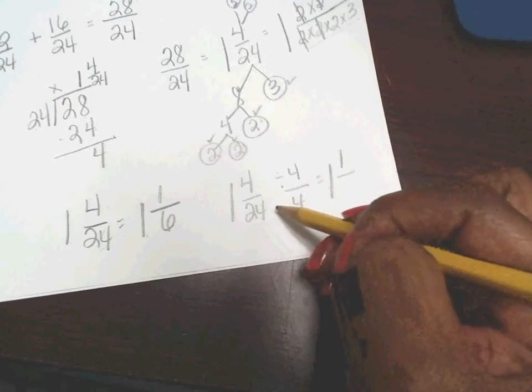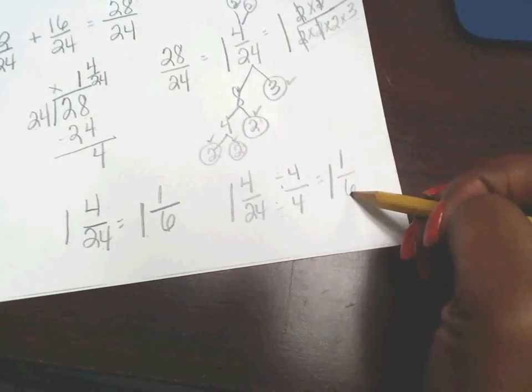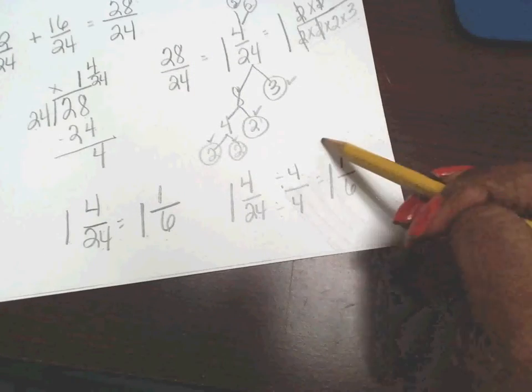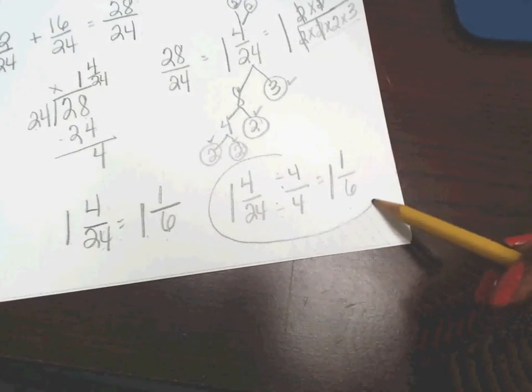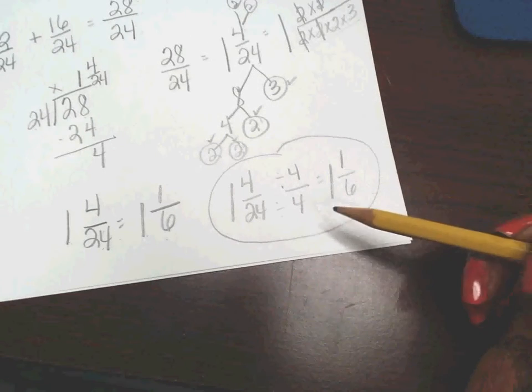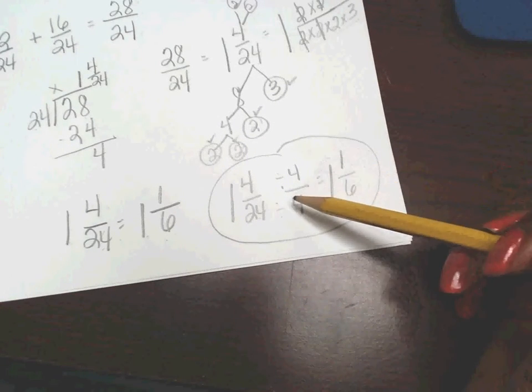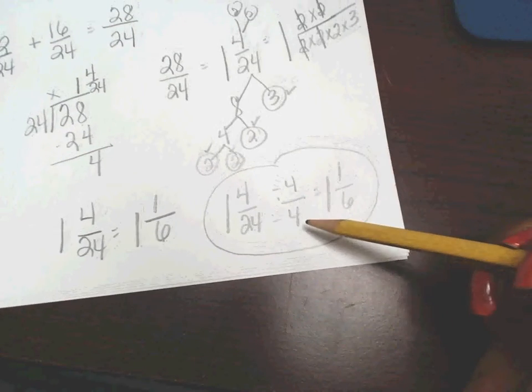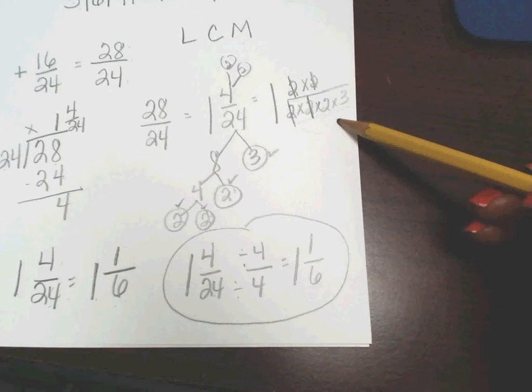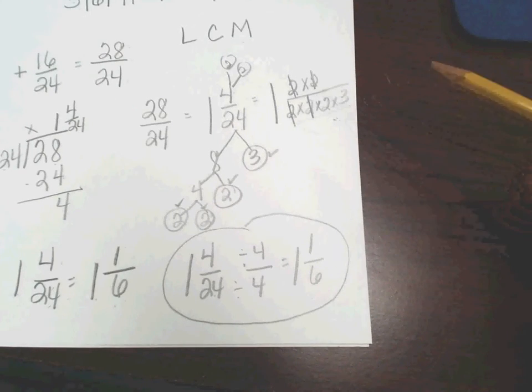Then 4 divided by 4 is 1. 24 divided by 4 is 6. Same answer, and this is how your parents know how to do it. But it's simple for them because they know their multiples. Okay, they know their math facts. And some of us are still struggling, which is why we do it this way. And also, this will help you with some of those facts that you just don't remember.